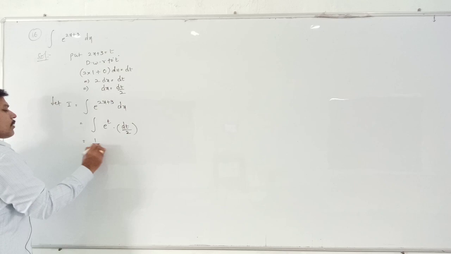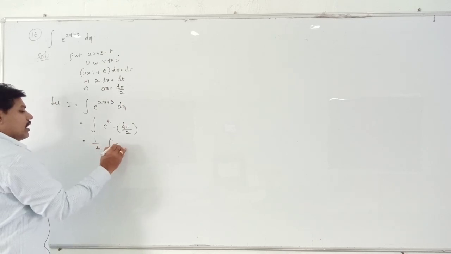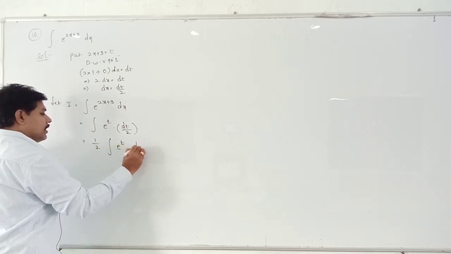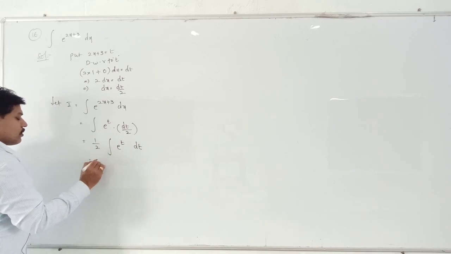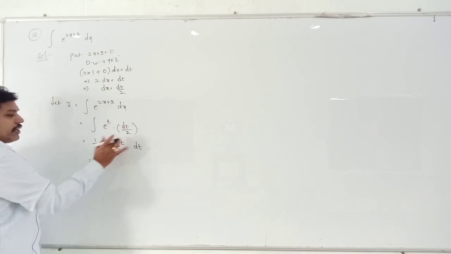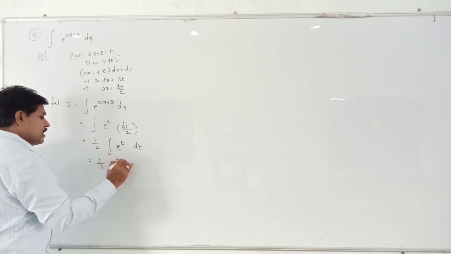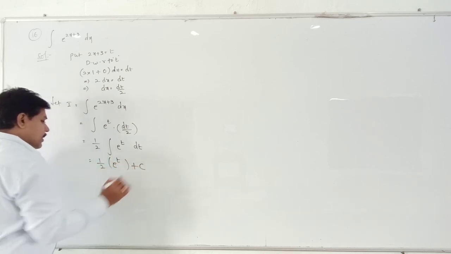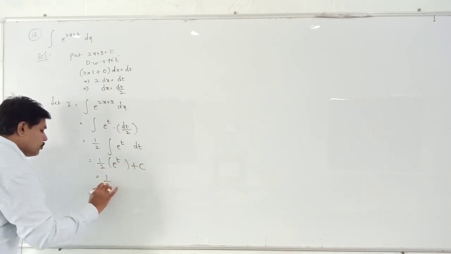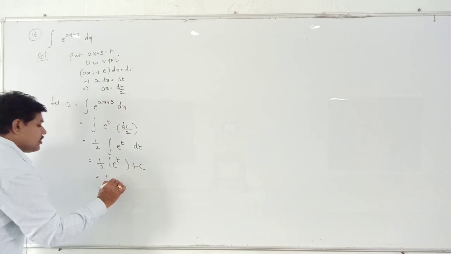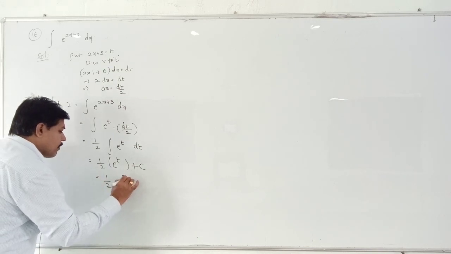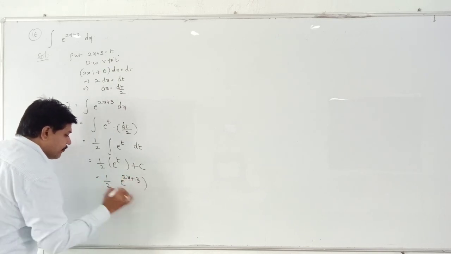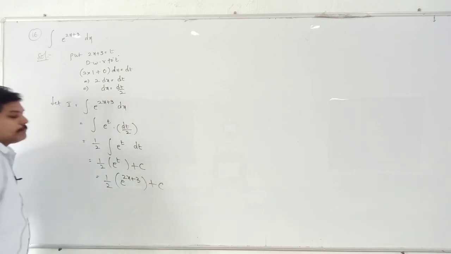So that is equal to 1 by 2 into integral of e power t into dt. So that is equal to 1 by 2 into integral of e power t, which is e power t plus c. So that is equal to 1 by 2 into e power, what is the t value? T value is nothing but e power 2x plus 3 plus c.